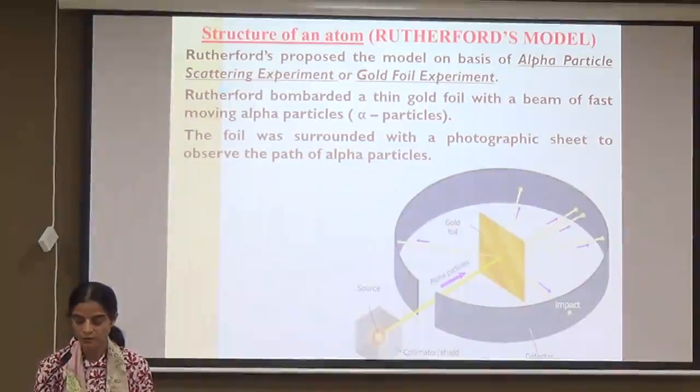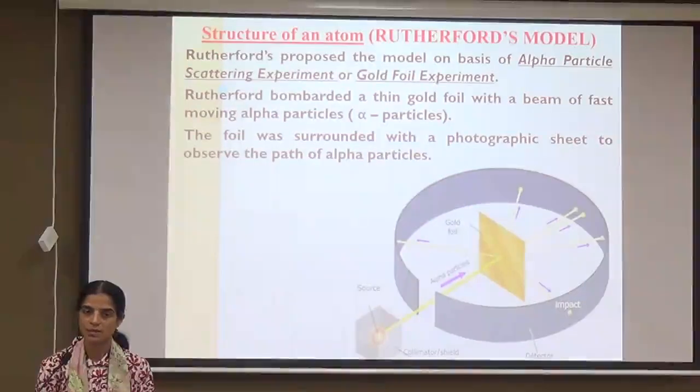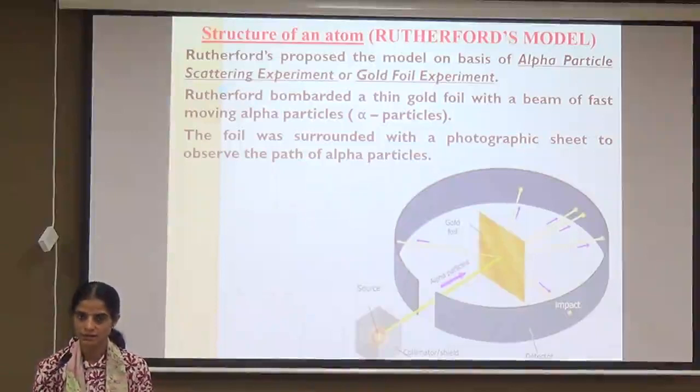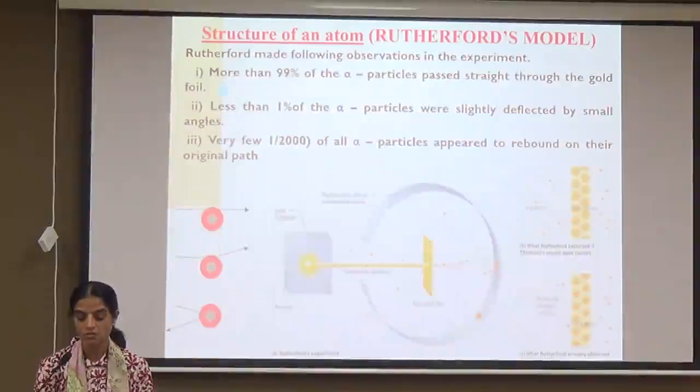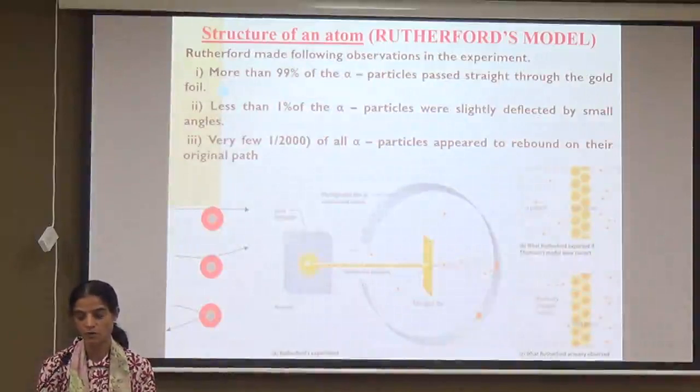If we see this diagram carefully, we are able to observe that most of the particles are passing straight through the gold foil, and there were some particles which actually get deflected by small angles, and there were some alpha particles which actually revert back. So from Rutherford's experiment, the following observations were made.